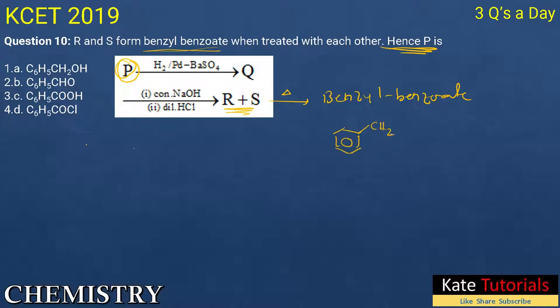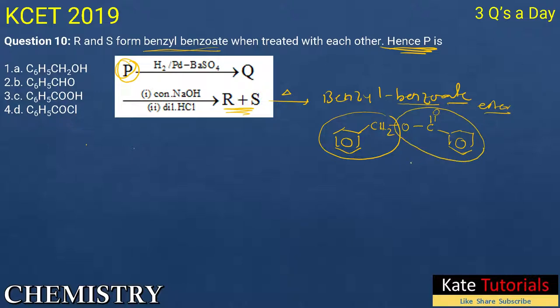Benzoate means an ester, O-CO, again with a benzene ring. This is benzyl and this is benzoate.